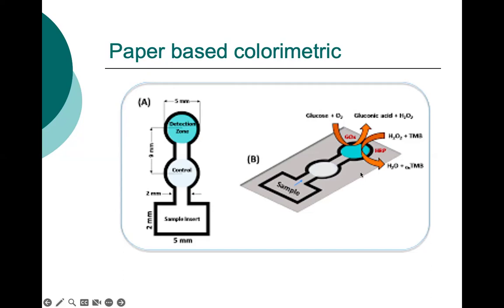On the strips that we put our finger prick drop of blood, the glucose in the blood will react with the enzyme, and there is a series of another reaction. There are two enzymes involved here, and the intensity of the color produced is going to tell you about how much glucose is in the sample.